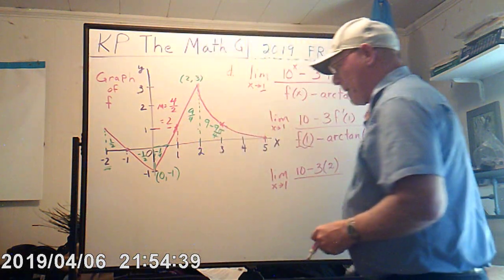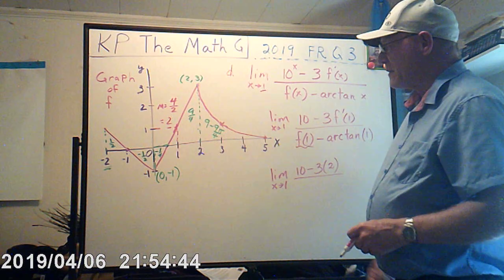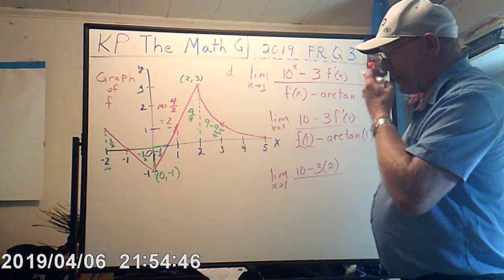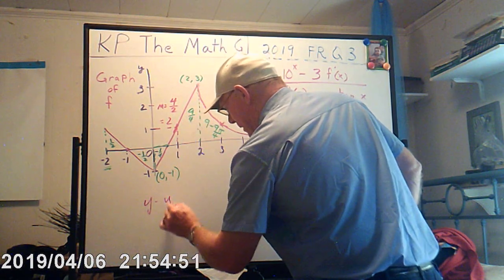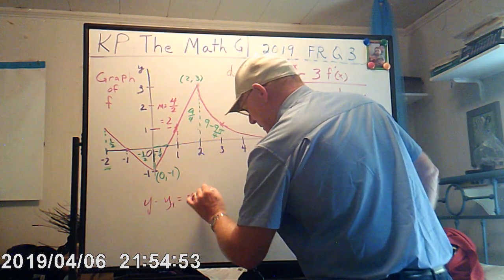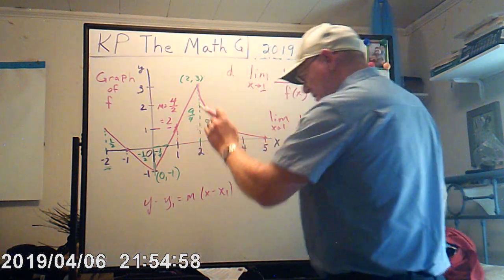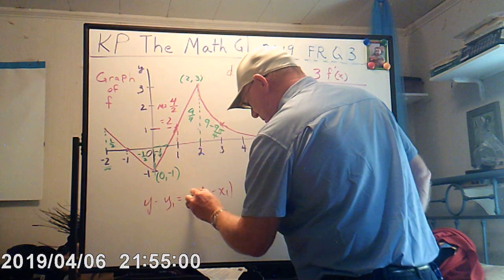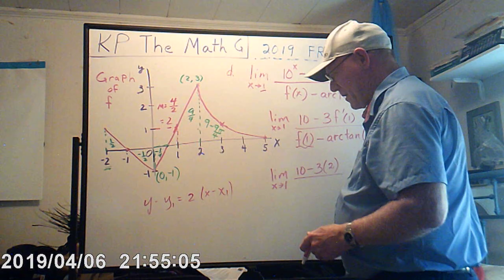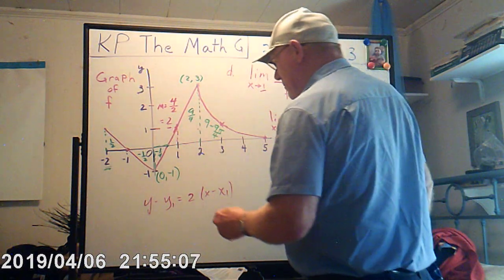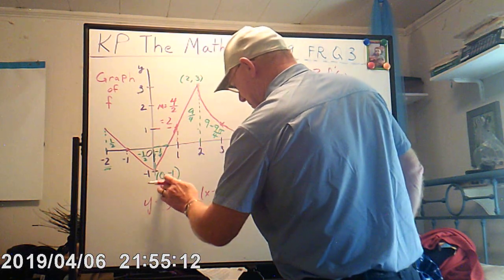Now let's see how I figured that out. I do know that there is an equation, y minus y1 is equal to m times x minus x1. I know that this slope is 2. And if I want to put in a point, it doesn't matter which two points I pick. Let's pick this point right here.